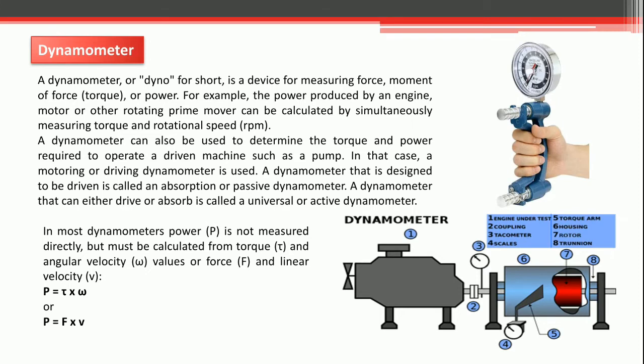So basically for the dynamometer, apart from the classification as absorption, motoring or universal, as I have already said, dynamometers can also be classified in different ways. In the case of an engine dynamometer, it is coupled directly to an engine.